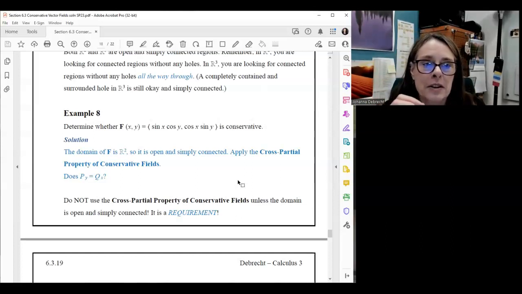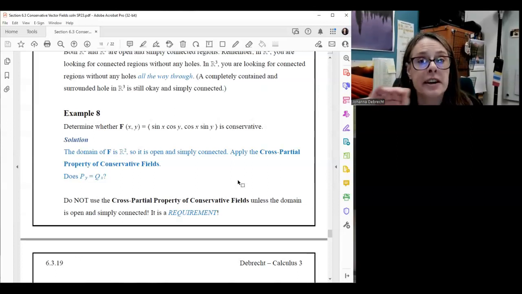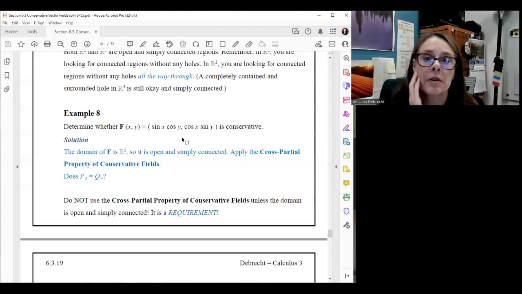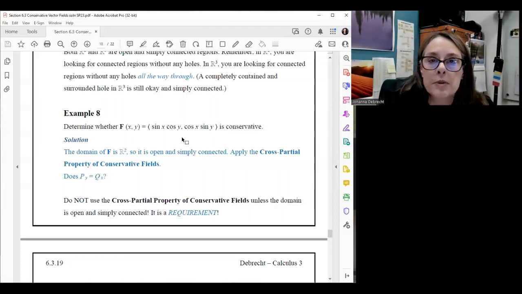So now what we want to look at is, does it have the cross partial? If it has the cross partial, it has to be conservative. And if it's conservative, there's a potential function. So what we're going to do is we're going to come up here to the definition of the function, and we're going to take P, which is sine x cosine y, and take the partial derivative with respect to y. So that would give us minus sine x sine y.